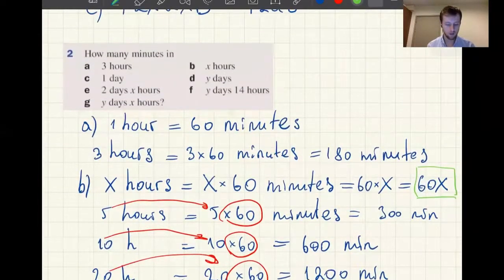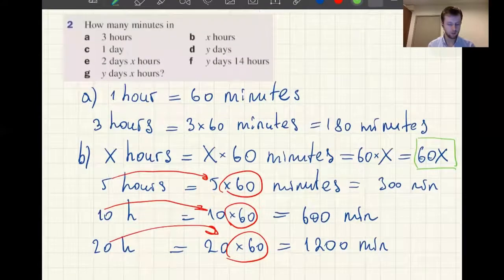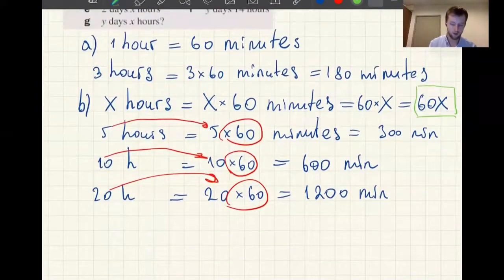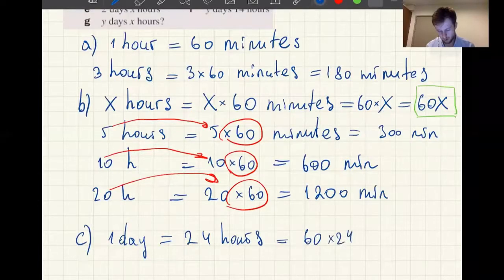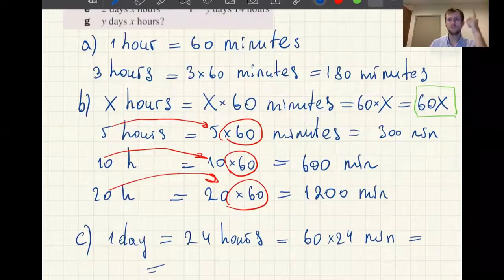And I think they ask us for 1 day, right? Okay, let's find how many minutes is in 1 day. 1 day has 24 hours, which is 60 times 24 minutes. 60 times 24 is equal to, what's it going to be? 1,440, I think.